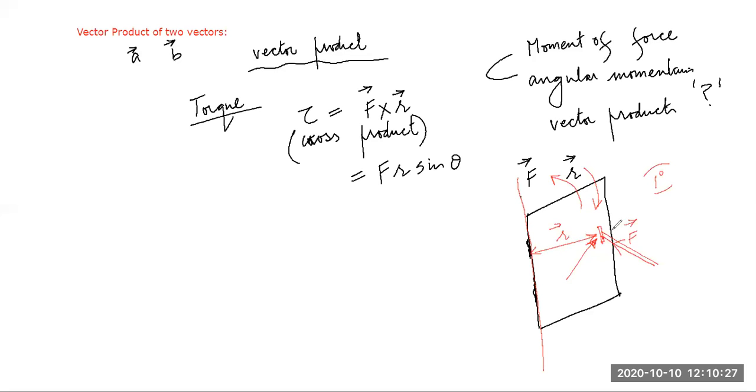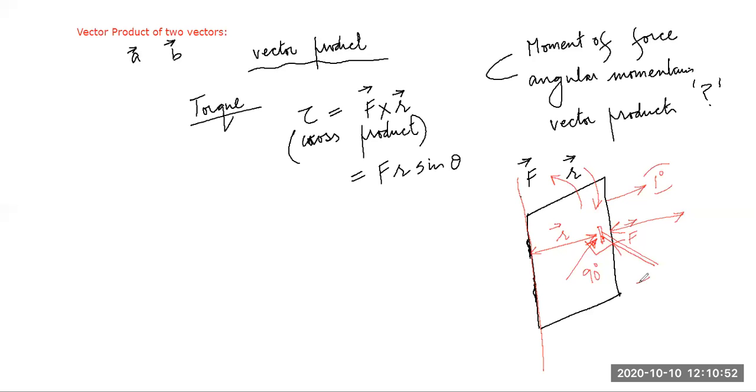You might end up taking out the door, or it will not rotate. So you always want this angle between r and F to be 90 degrees. And then you're very comfortable.